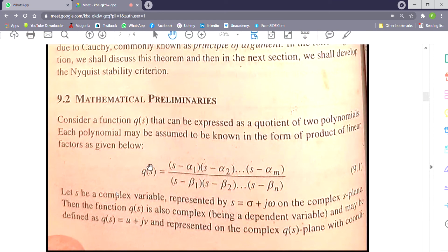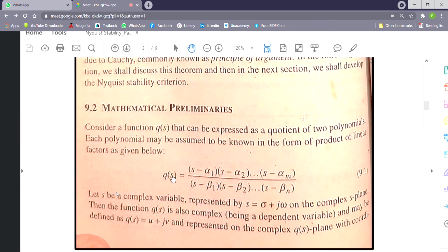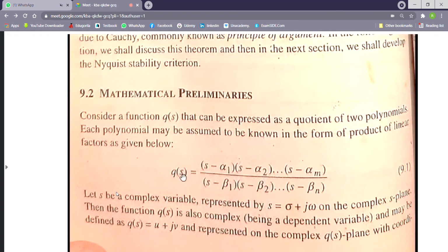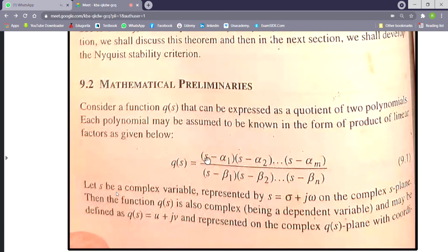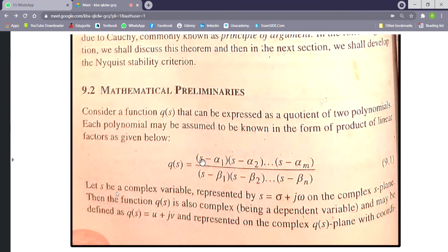Now, since S is complex, S is given by sigma plus j omega, hence Q(S) for a particular value of S will also be complex. Yes or no? Yes, ma'am. Okay.